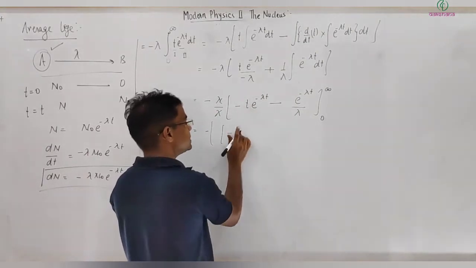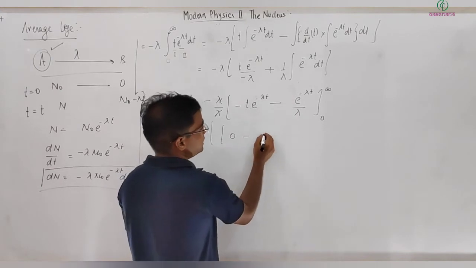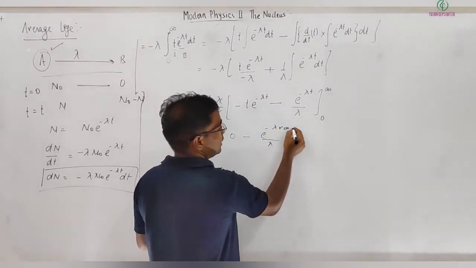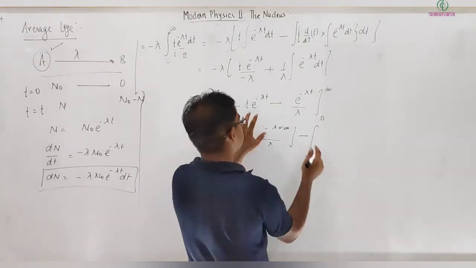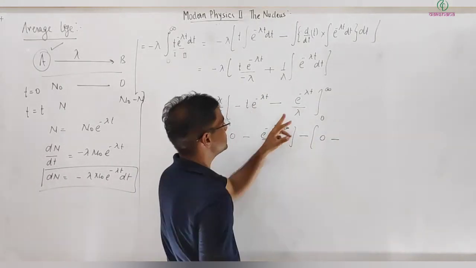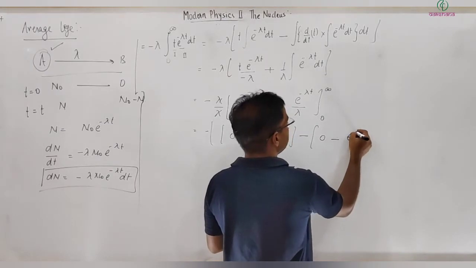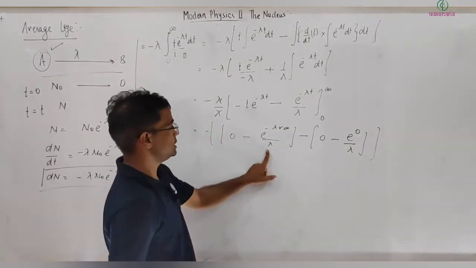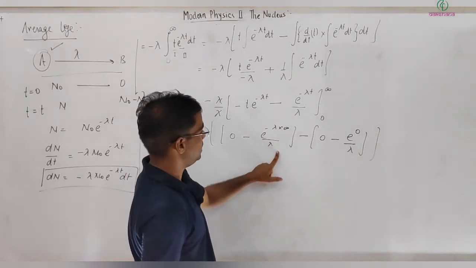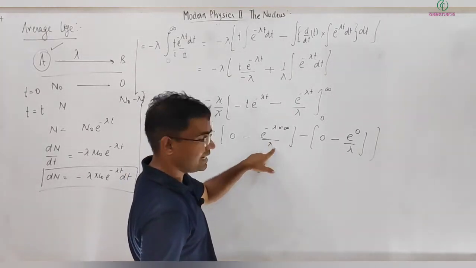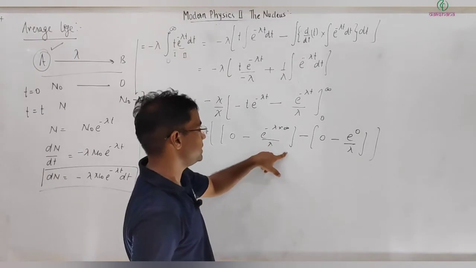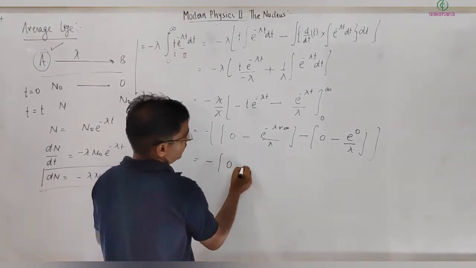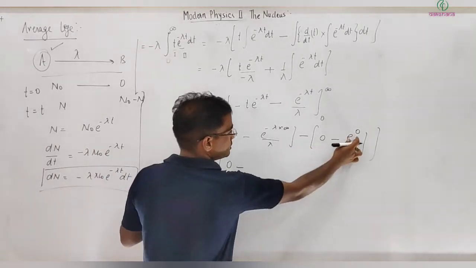Overall multiplying this, we get here 0 minus e raised to power minus lambda into infinity divided by lambda, minus, if I am substituting 0, then again it's 0 minus e raised to power 0 divided by lambda. This is left. So this is also again becoming 1 by infinity, e power infinity, and that will be 0. This complete is 0, and we are left with minus 0 minus this, minus minus plus, this will be 1, so 1 by lambda.